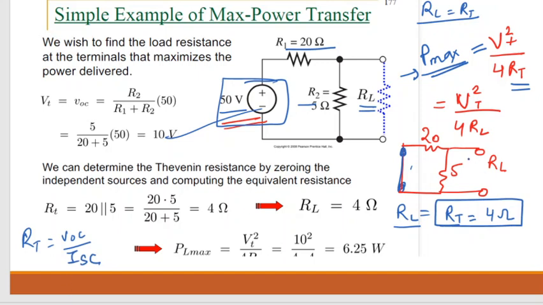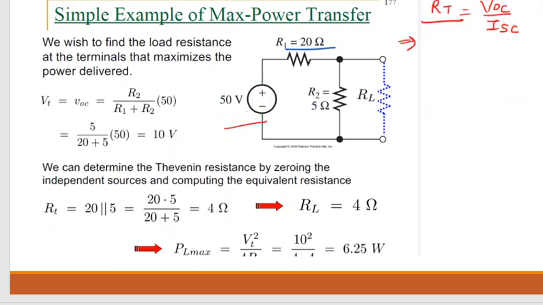Okay, if we plan for that ISC, you can do it by both methods. The answer would be the same. First you need to calculate VOC, so positive, negative as it is. So 50, 25. Here is plus minus VOC.